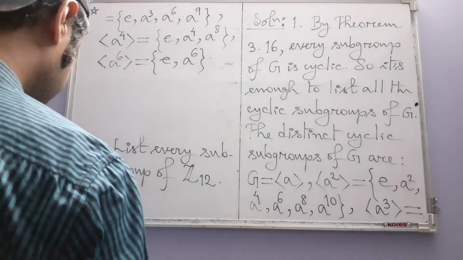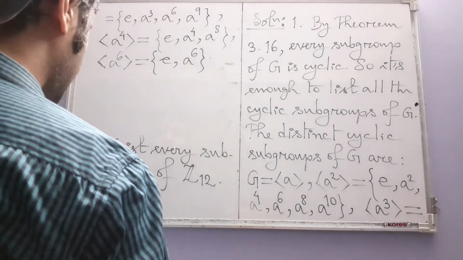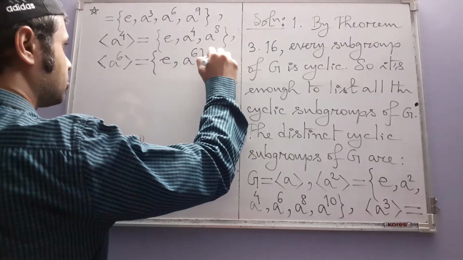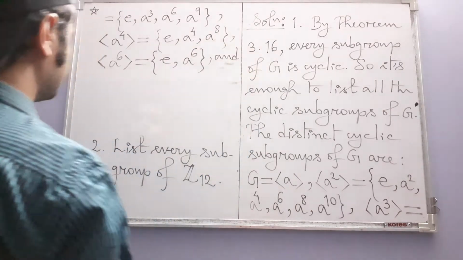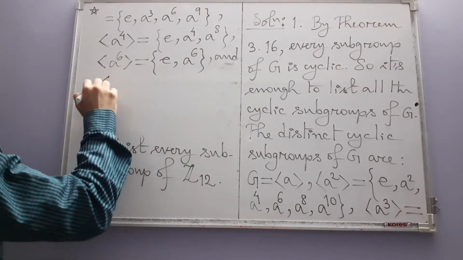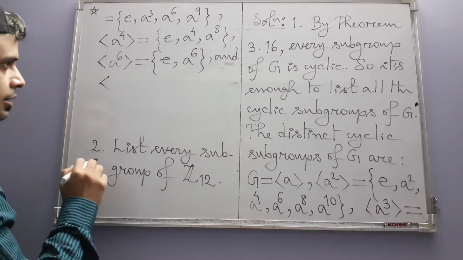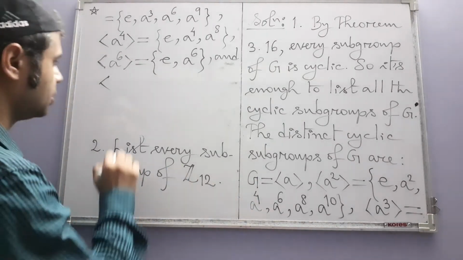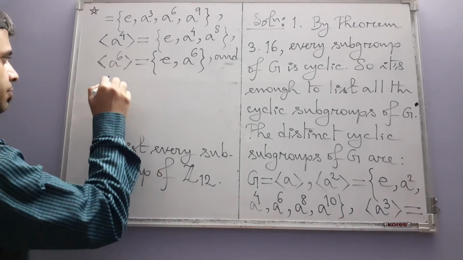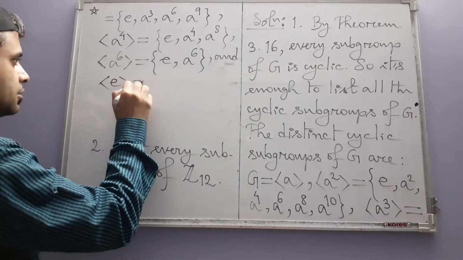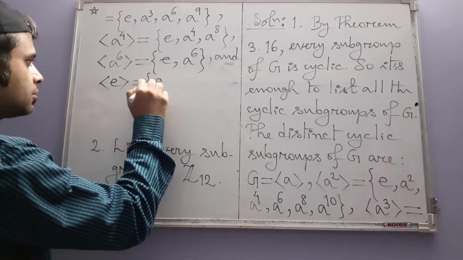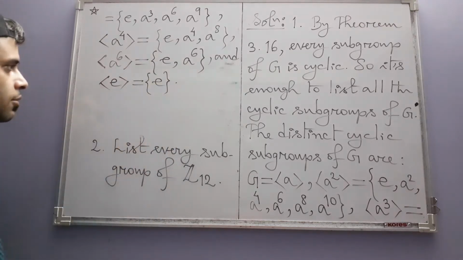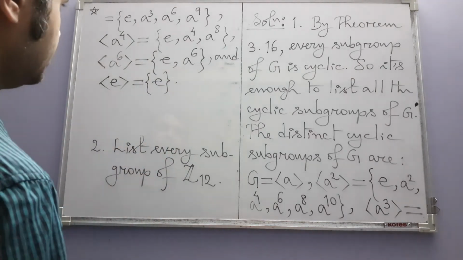And of course the cyclic subgroup generated by E, because that's one thing we have not considered in this list yet, which is nothing but the trivial subgroup consisting of only the identity element.